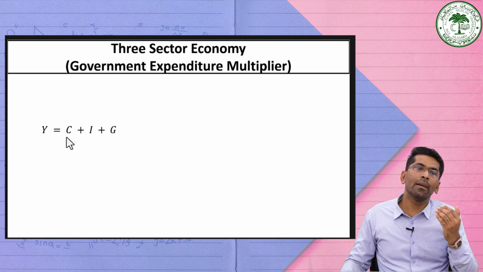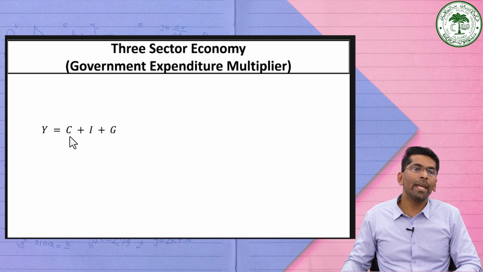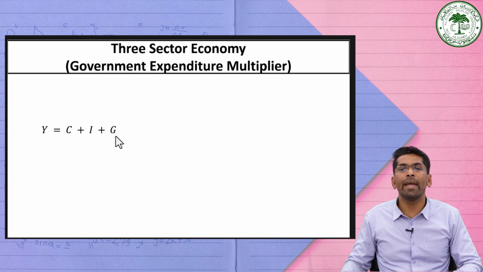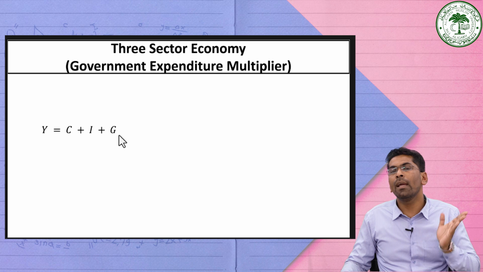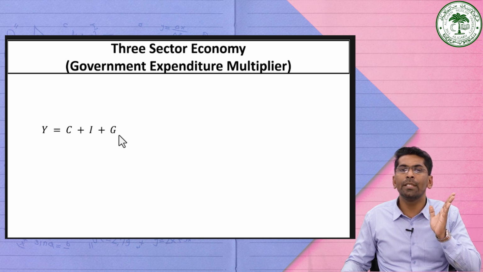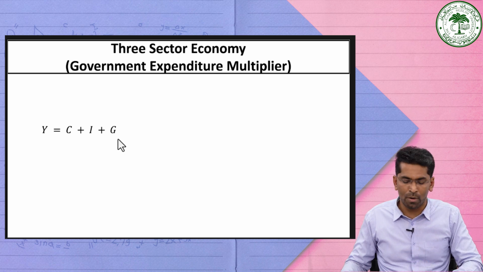So here the model in a three-sector economy is Y is equal to C plus I plus G. This G is added to show government expenditure, so our two-sector economy now becomes a three-sector economy.